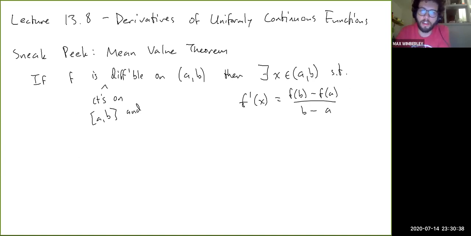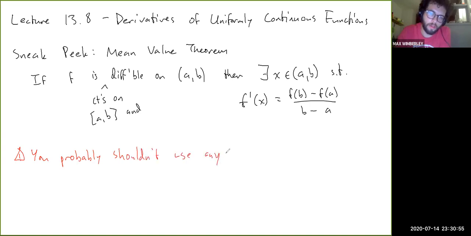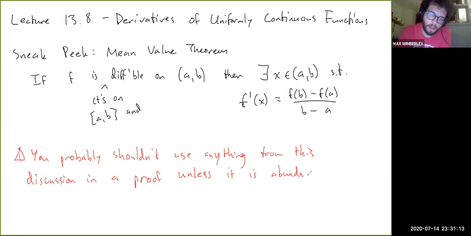And I guess I should just say that for everything we're doing in this little discussion, you probably shouldn't use anything from this discussion in a proof unless it is abundantly clear from context that it makes sense to do so.